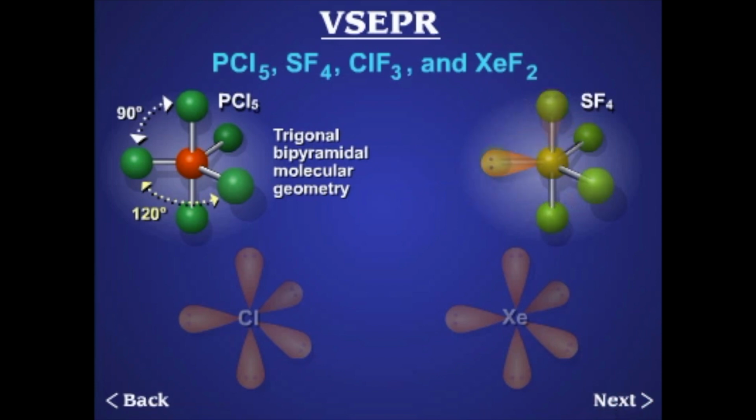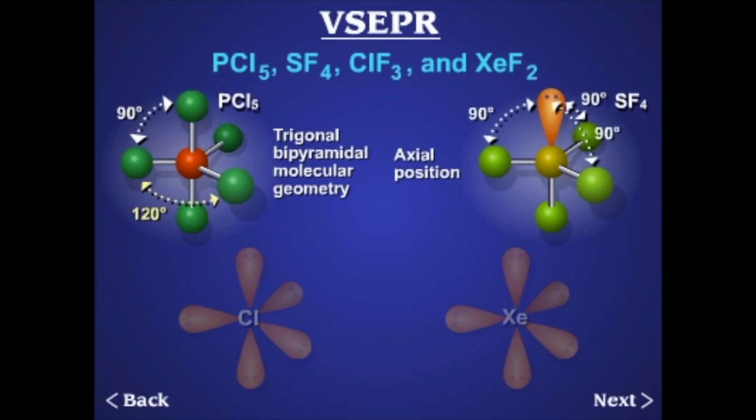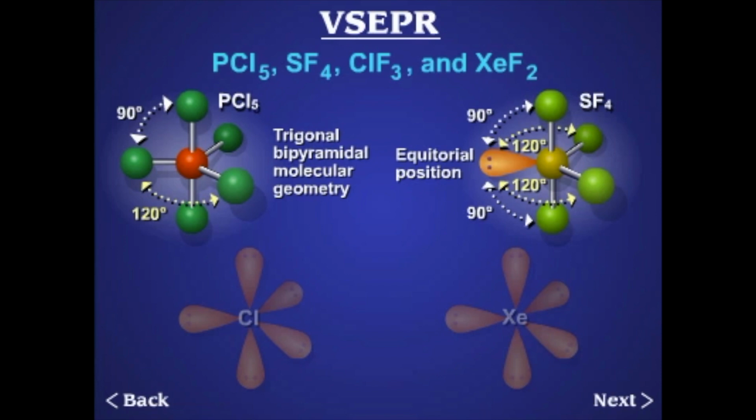On the other hand, if the lone pair were in an axial position, there would be 3 bonding pairs at 90 degrees and 1 pair at 180 degrees. The repulsions are smaller if the lone pair is in the equatorial position.